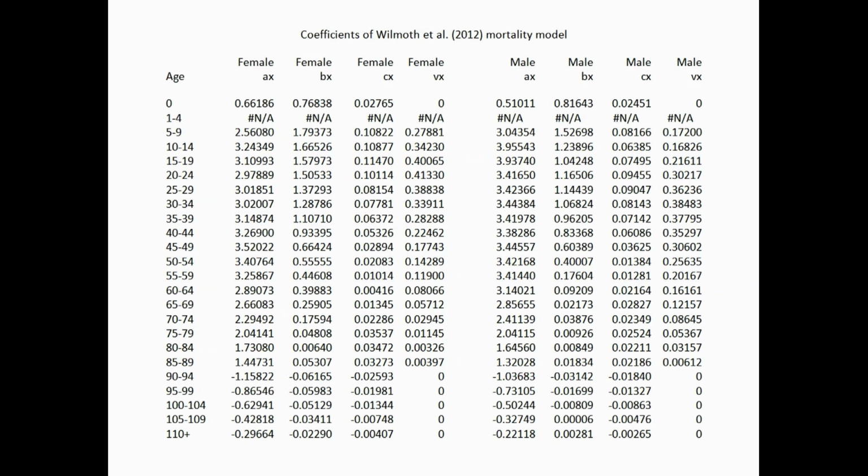And that's because when you know the probability of dying from 0 to 5 and the infant mortality rate, that's the probability of dying from 0 to 1, you've already determined the probability of dying from 1 to 5. So they don't need to estimate it, and their software forces it to be consistent.